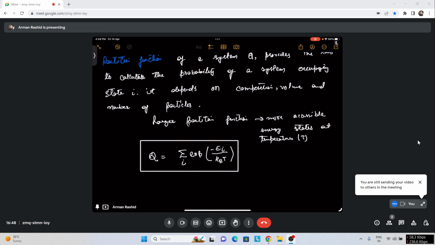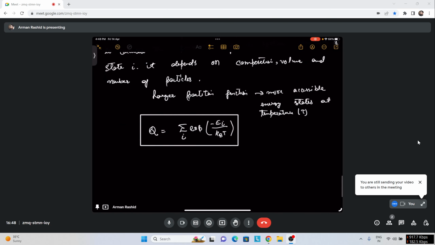We have seen here that the sum is over all the states of a system, so that means the energy levels of the entire system must be known, and the calculation has to be done over all the states of the system. This limits the type of systems that we can derive properties for.